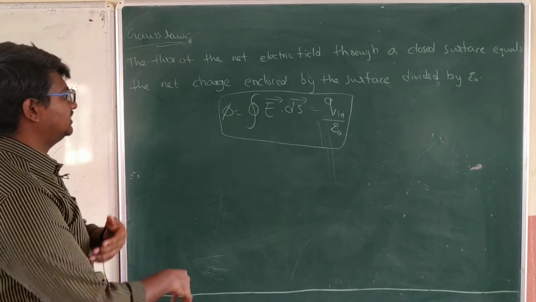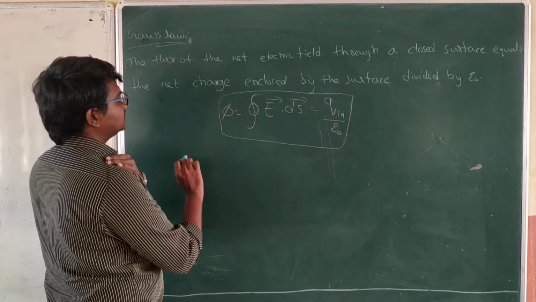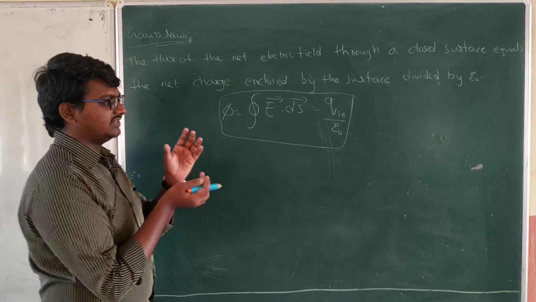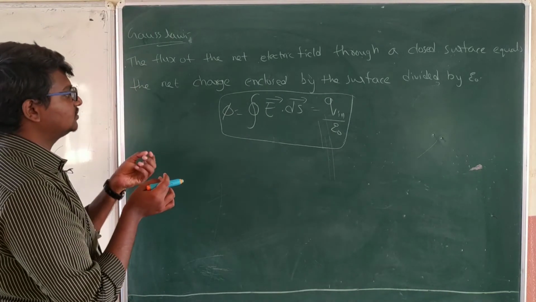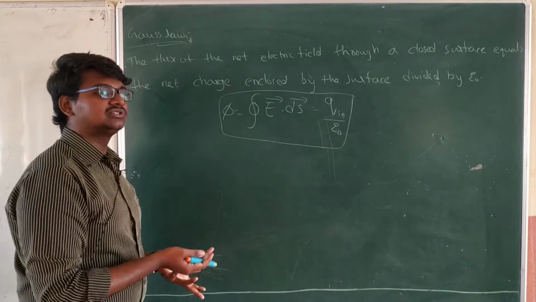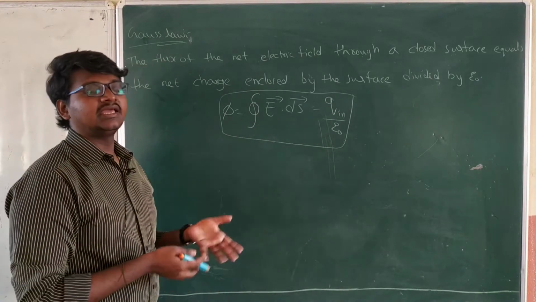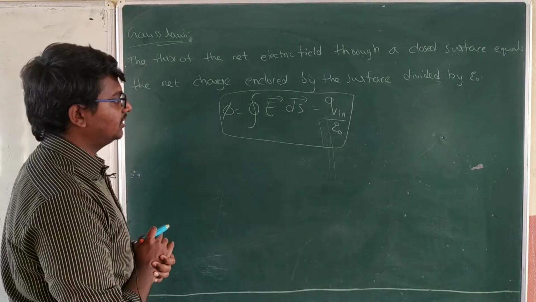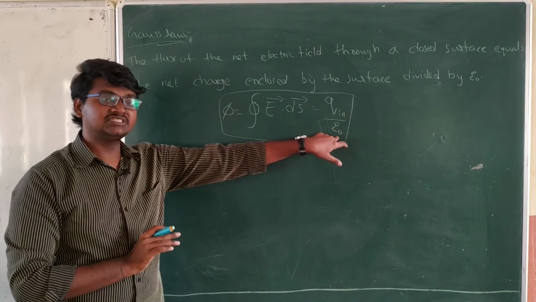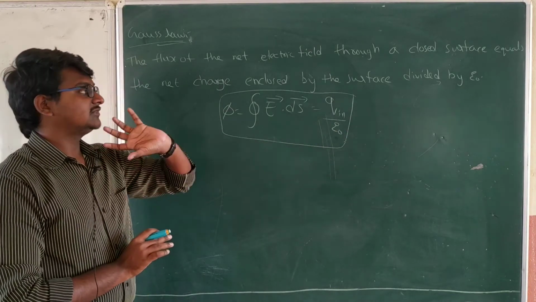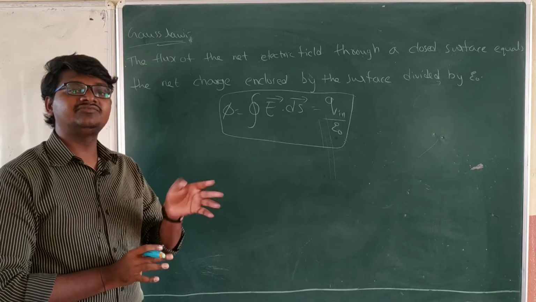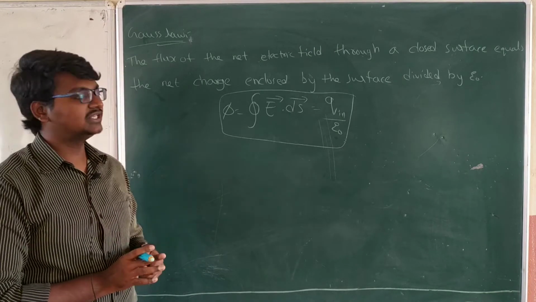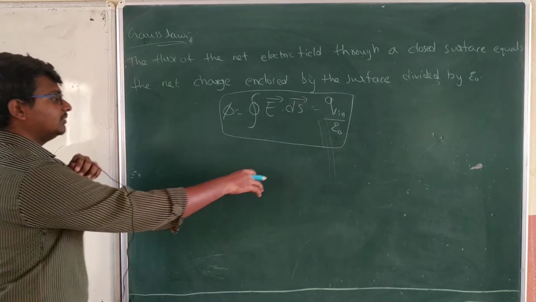Gauss law says simply that for any closed surface you take, whatever flux is passing through it is equal to charge by epsilon naught. Everything is placed in free space, that is vacuum, which is why we keep epsilon naught here.